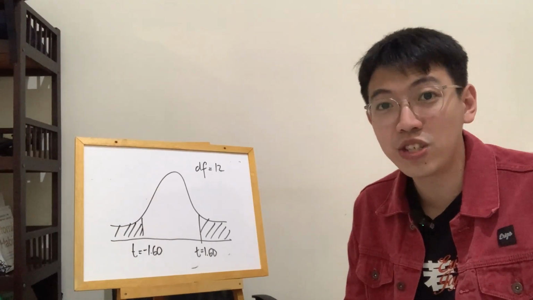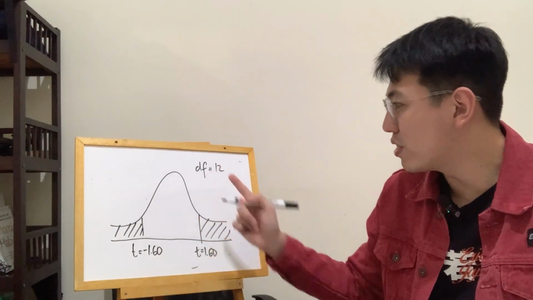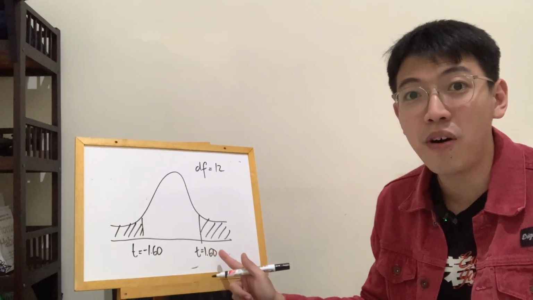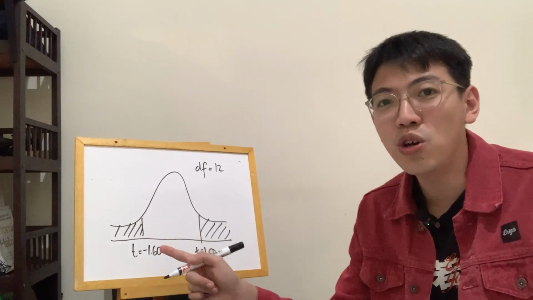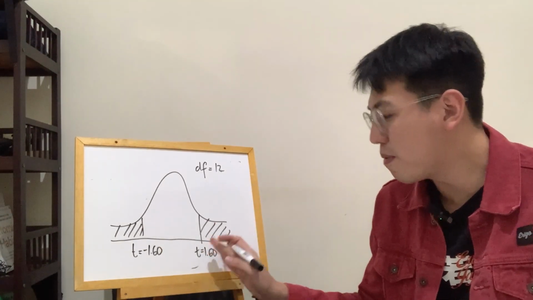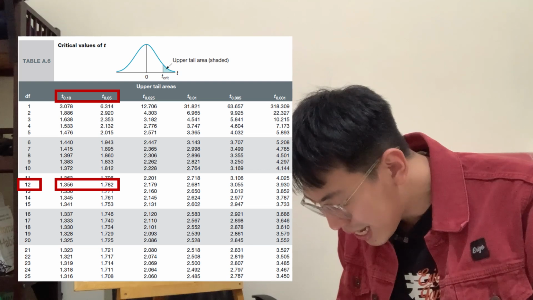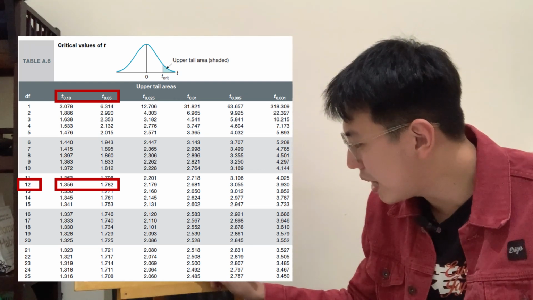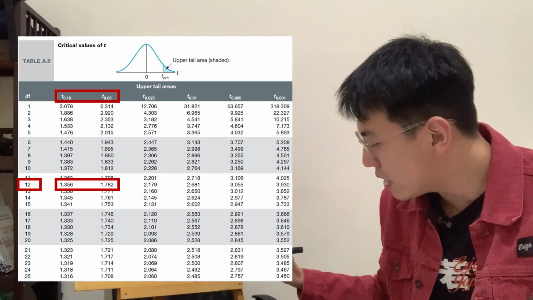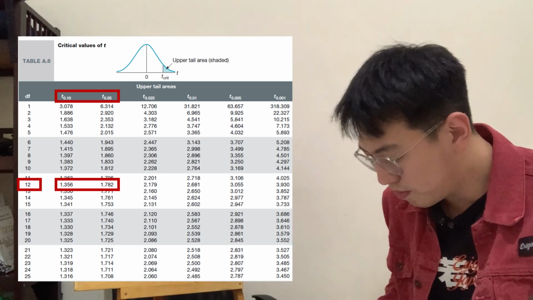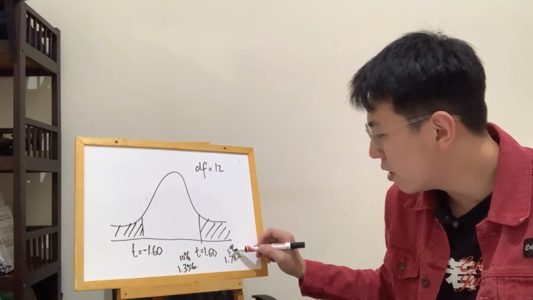How about this question? This is a two-tail graph, right? The df is 12 and the t is 1.6, and the t here is minus 1.6. So you just see the positive one, 1.6. For df 12, 1.6 is between 1.356 and 1.782. This is 10%, this is 5%.